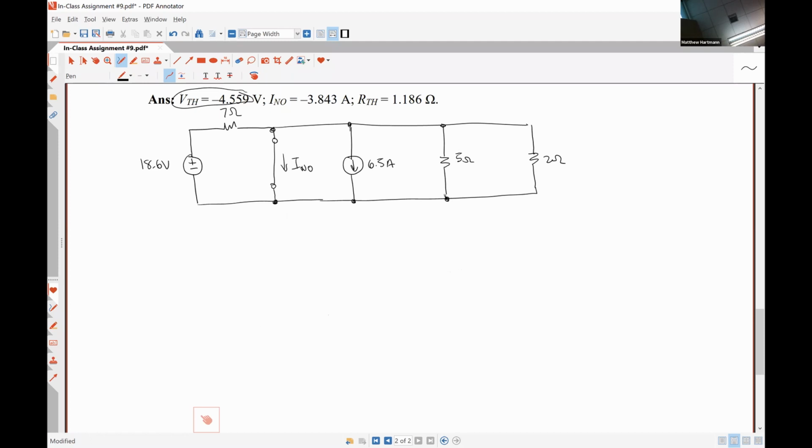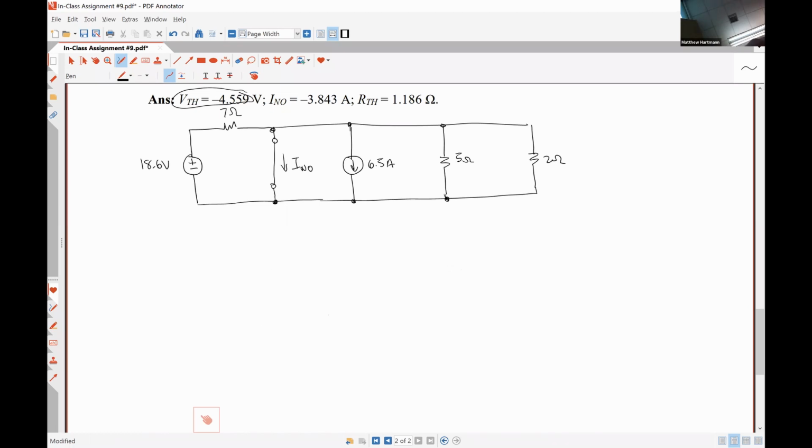Your likely gut reaction to how to figure out this current would probably be to do mesh analysis. And there's nothing terribly wrong with that. The problem that we would have is that there are 4 meshes, right?